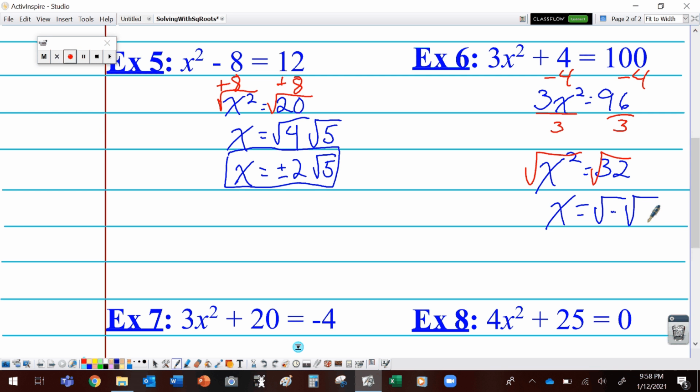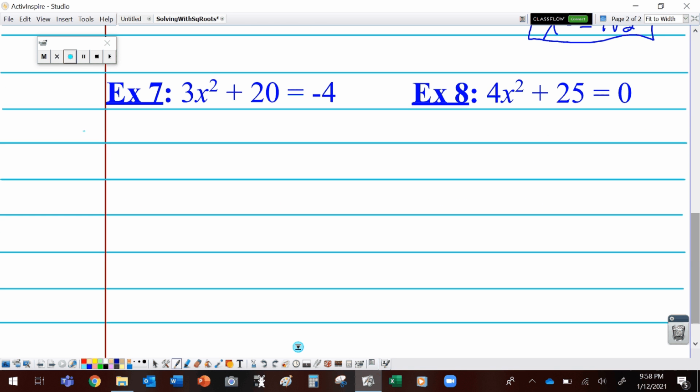Well, if I look at my list of perfect squares from last session, I'll see that 16 evenly divides 32. 16 goes into 32 twice. So I take the square root of that 16, I've got plus or minus 4 times the square root of 2. And there we go. X equals plus or minus 4 square root of 2.